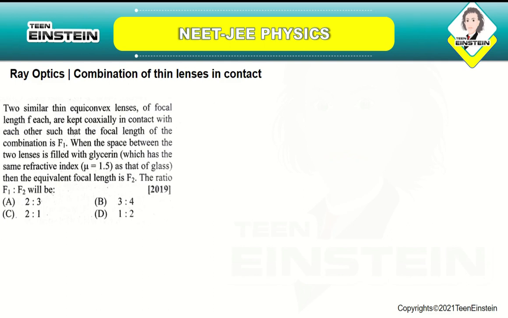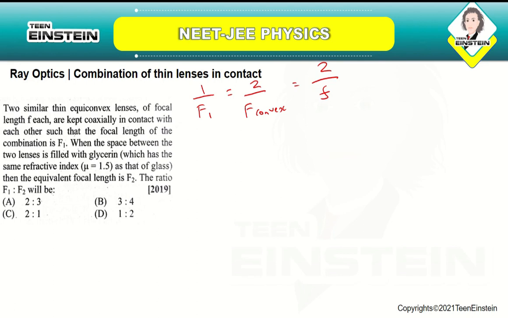Okay, so here the first thing is you have to find out, when the two convex lenses are kept in contact, the focal length of the combination will be 1 by f1 is equal to 2 by f convex, which is equal to 2 by f.